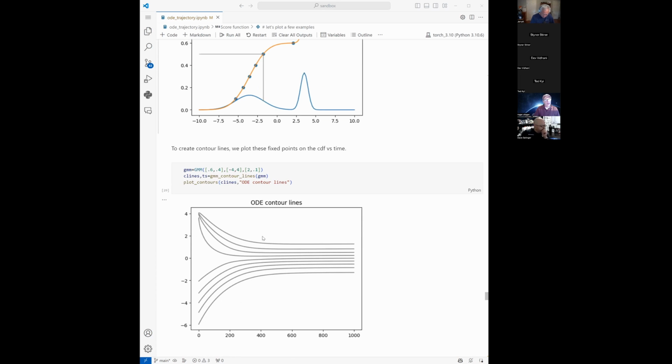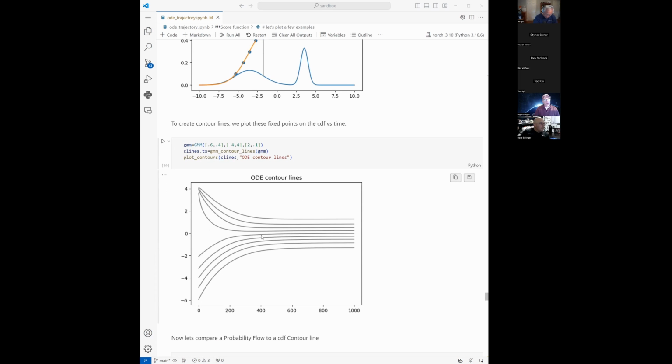So I come down here again with a bimodal distribution, and I plot these lines. Over time from 0 to 1000, your PDF is changing as the distribution is adding in more and more noise and subtracting more and more of the original data. We're looking for the points that are at a particular point on the CDF, and we're plotting those.